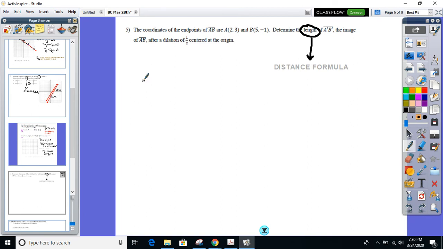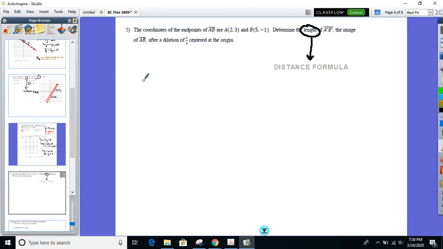Okay. So a couple ways we could do this. First way is we could find the distance of AB and cut it in half. Or we could find A prime, B prime right now by multiplying these coordinates by 1/2 and then doing the distance formula.